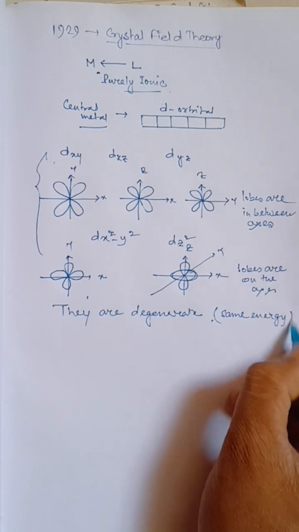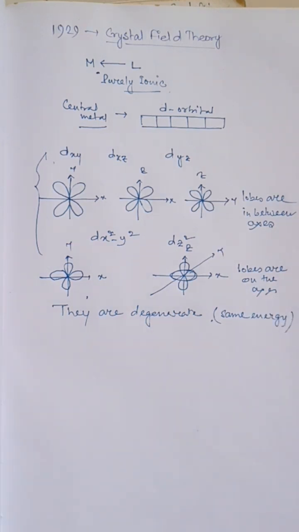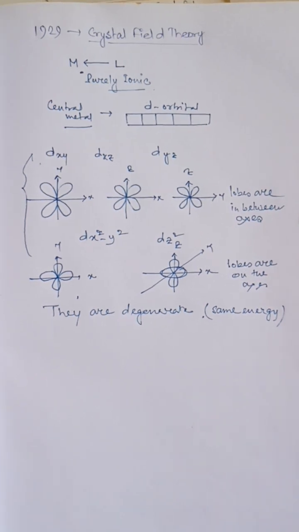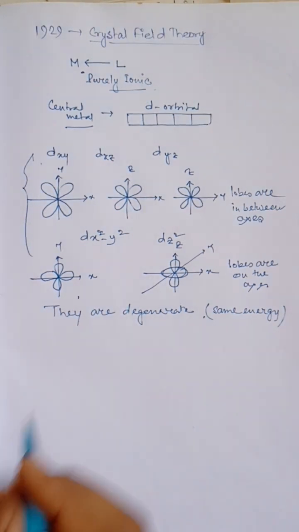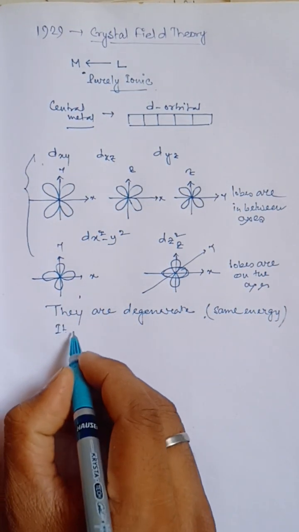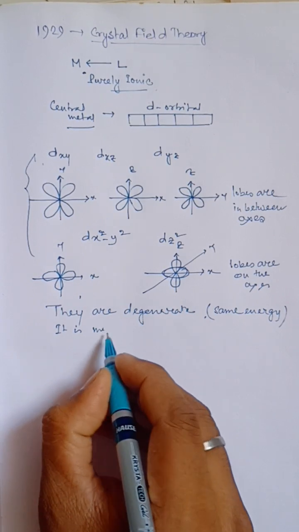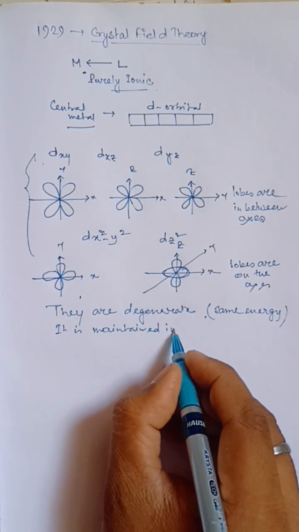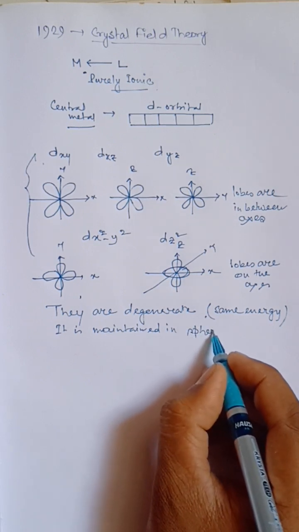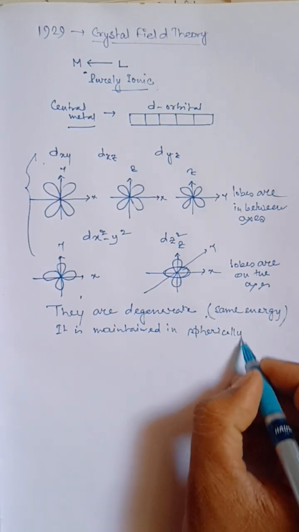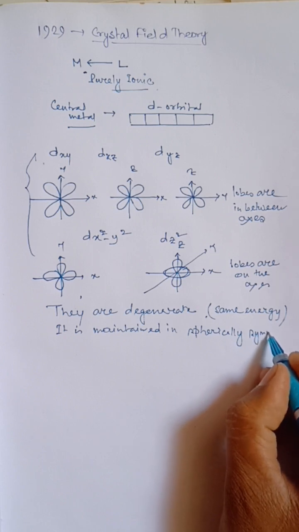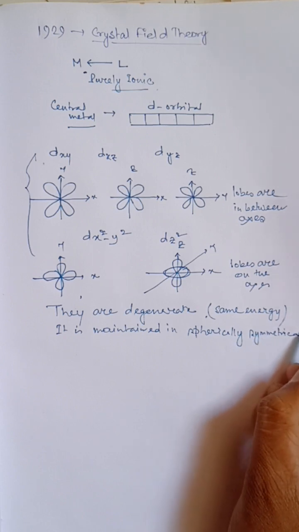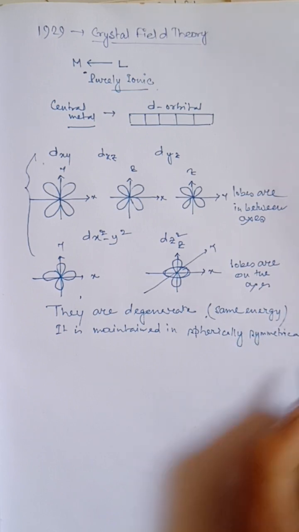The energy of the 5 orbitals is the same, and this degeneracy is well maintained in a spherically symmetrical field.